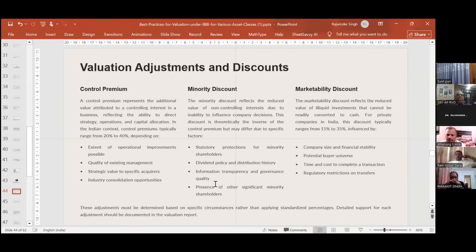These adjustments must be determined based on specific circumstances rather than applying standard percentages. Detailed support for each adjustment should be documented in the valuation.